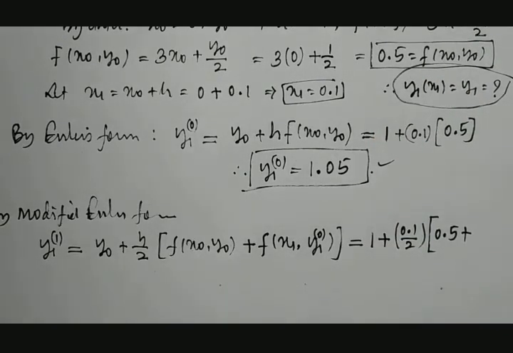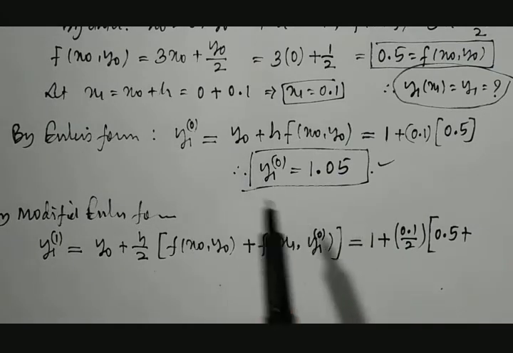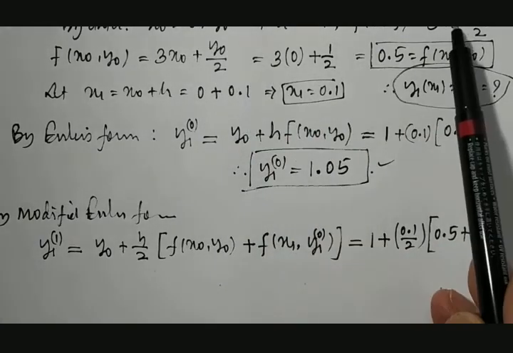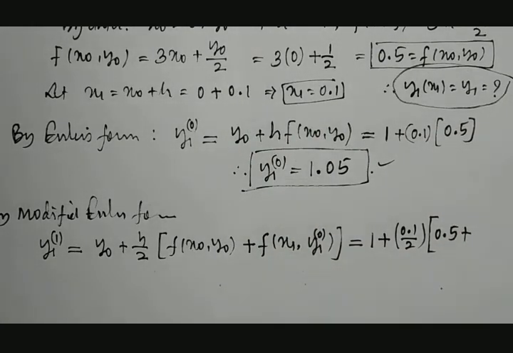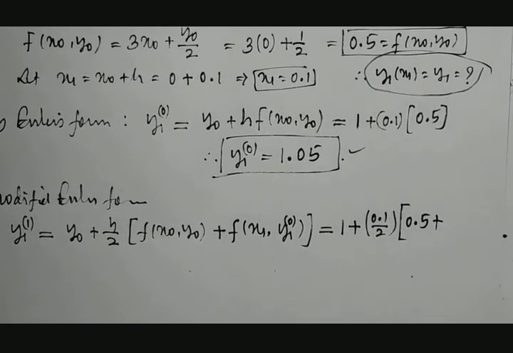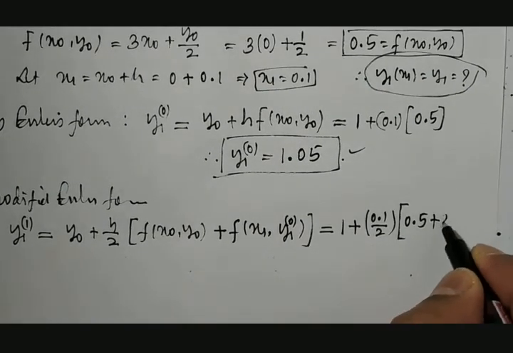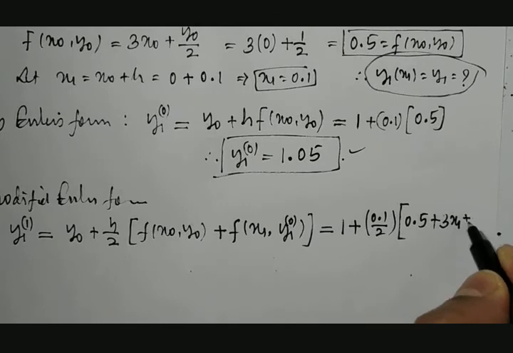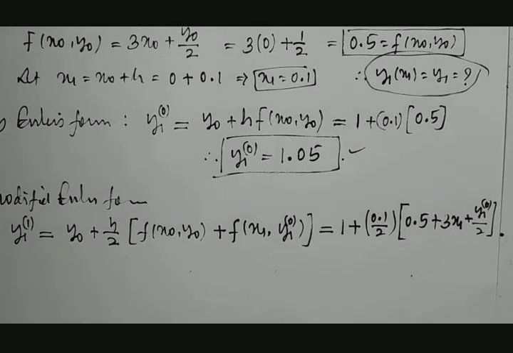Plus, now f of x1, y1, with the initial value of y1, what is the functional value? The function is (3x plus y) by 2, which means it is (3x1 plus the initial approximation of y1) divided by 2.